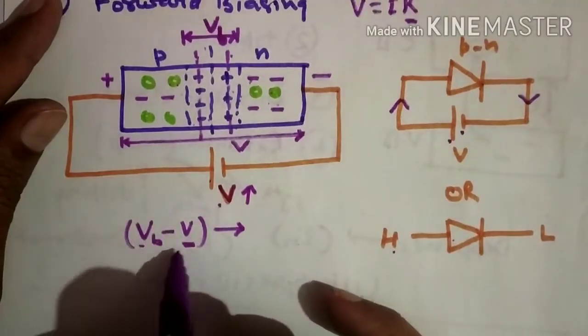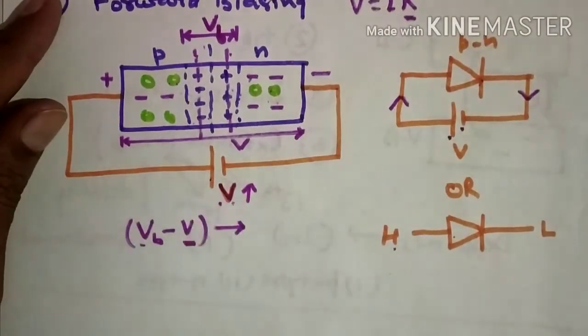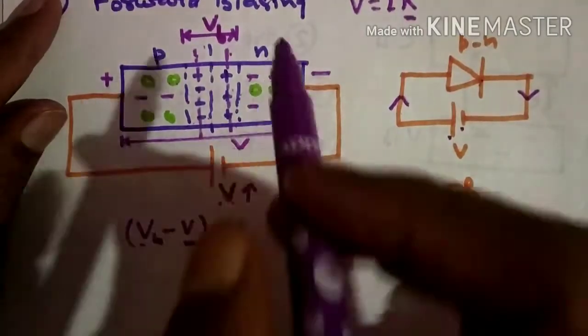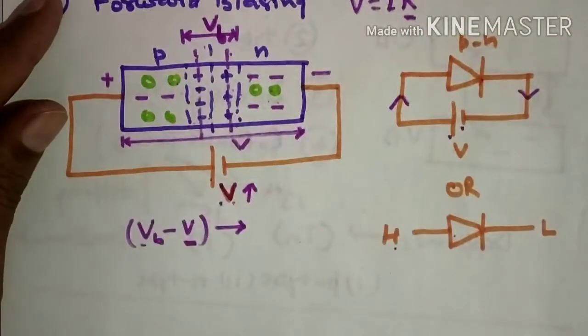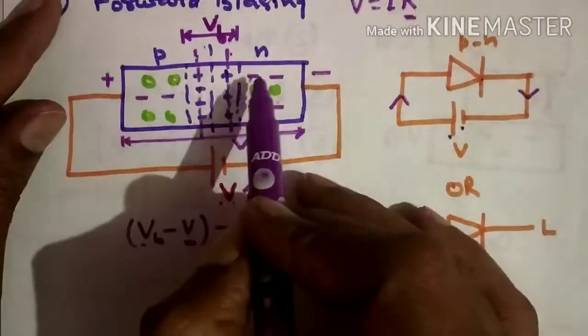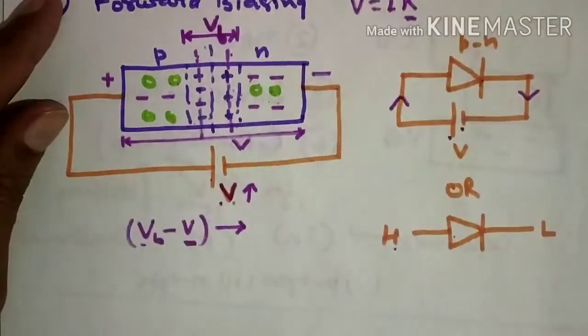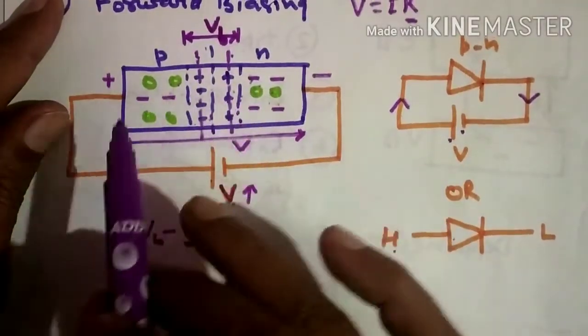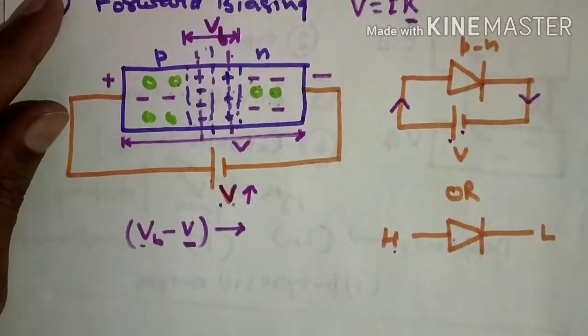And due to this high potential difference that you are providing, now the energy at the lower energy level of the electrons will also be enough to cross this junction. So now, in comparison to the previous value of the potential difference, this potential difference is high.